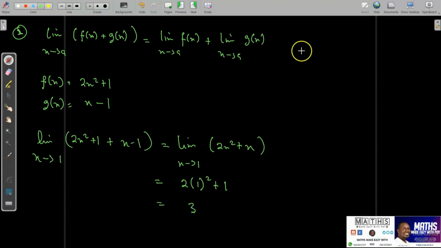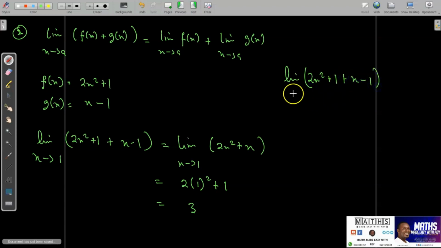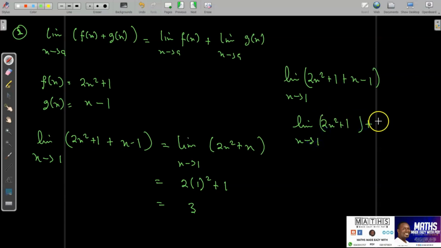So again, we can go with when we split it. Splitting it means having the limit of 2x squared plus 1 plus x minus 1 as x approaches 1. We can split it and write it as the limit of 2x squared plus 1 as x approaches 1, plus the limit of x minus 1 as x approaches 1.